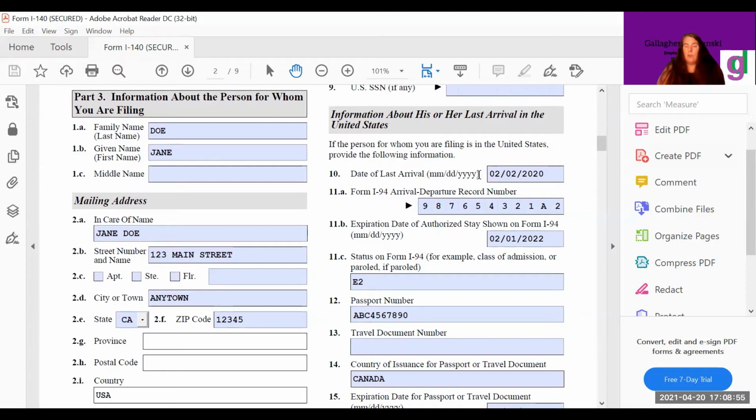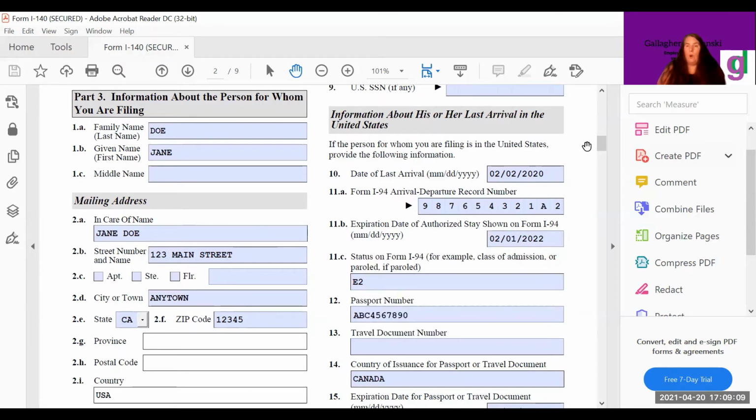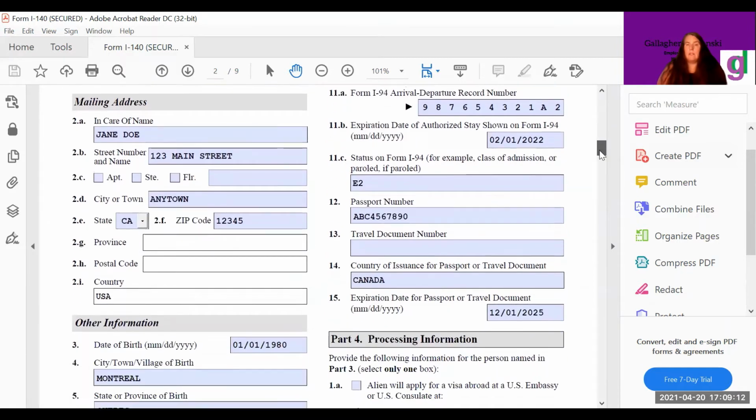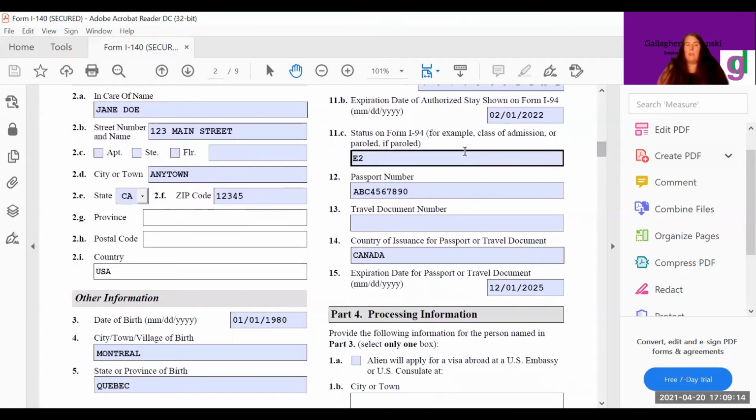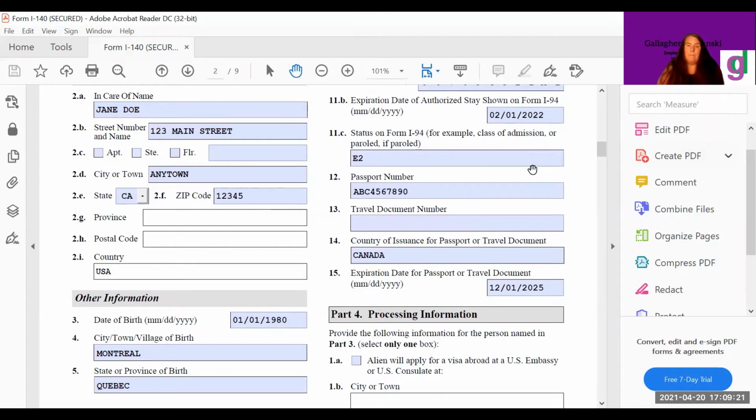You fill in the date of your last arrival, your I-94 number, which is on that form, the expiration of your authorized stay, and then the code for the way that you are lawfully in the United States. So for this one, I just put that it's an E-2, which is a treaty investor visa. And I put that they're allowed to be here until next February. They're here on an E-2.